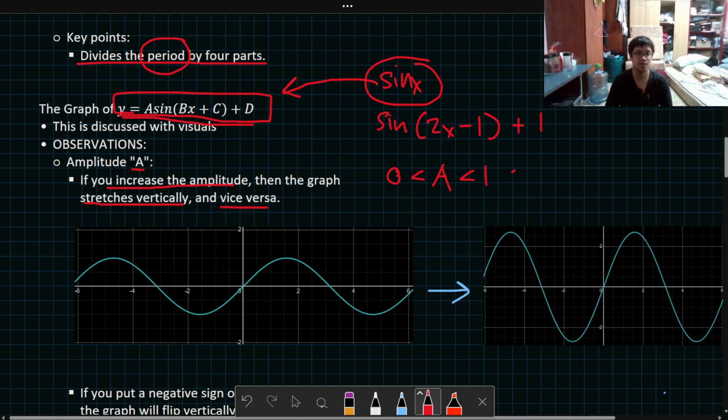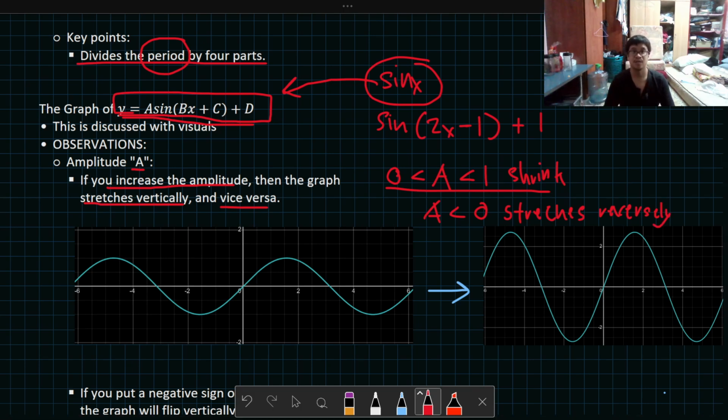Rather, it's going to shrink, right? Now if A is less than 0, it will go back to stretching, but in the opposite way, or reversely.